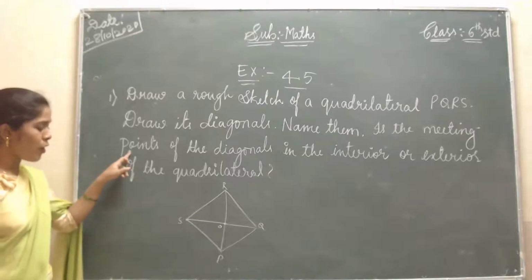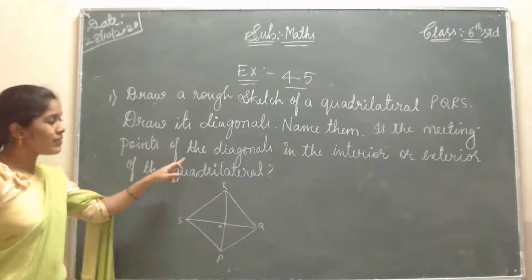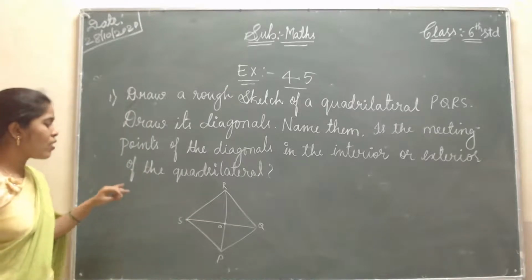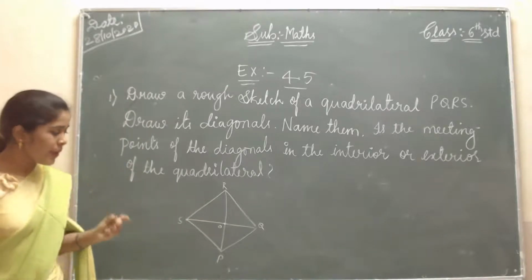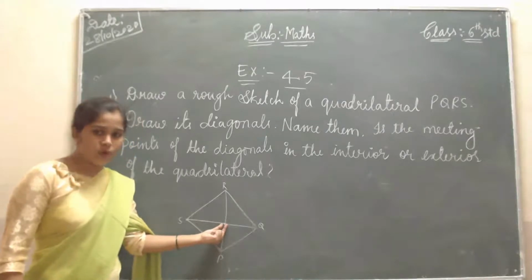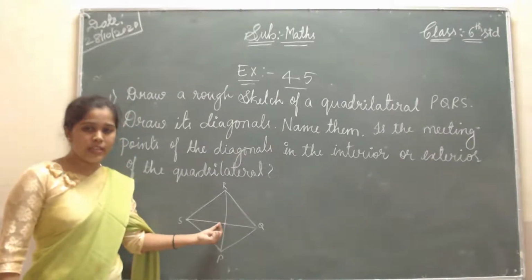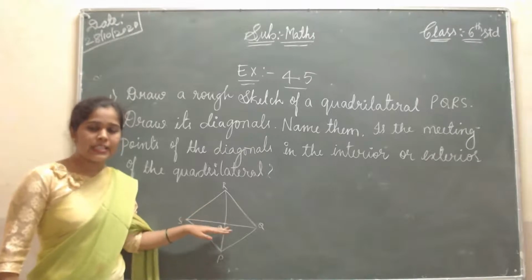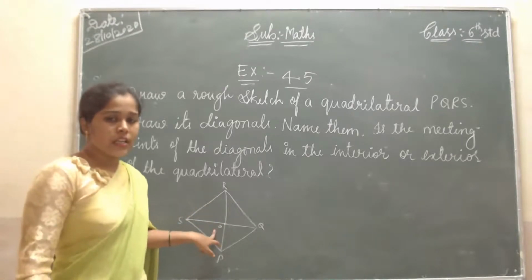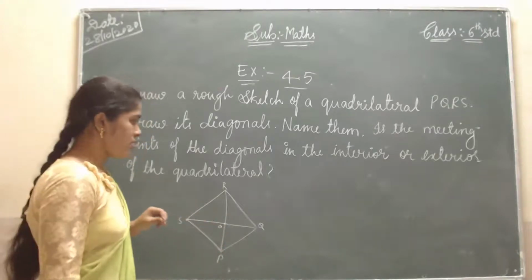Is the meeting point O of the diagonals in the interior or exterior of the quadrilateral? The two diagonals are meeting at a point O. Whether this point O is on the interior side or exterior? Yes, it is in the interior of this quadrilateral.